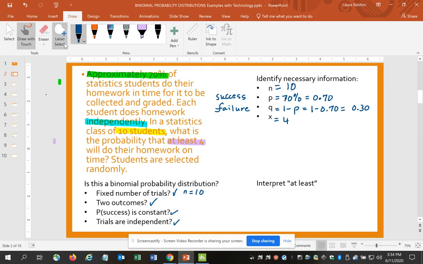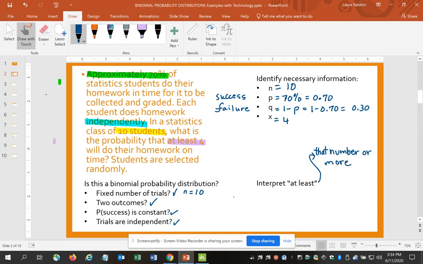Sometimes those words get confusing to students and they are uncertain what they mean. So let's think about what the phrase "at least" means. If you think about it from an English perspective, and then from a math perspective, at least means you can have that number or more.